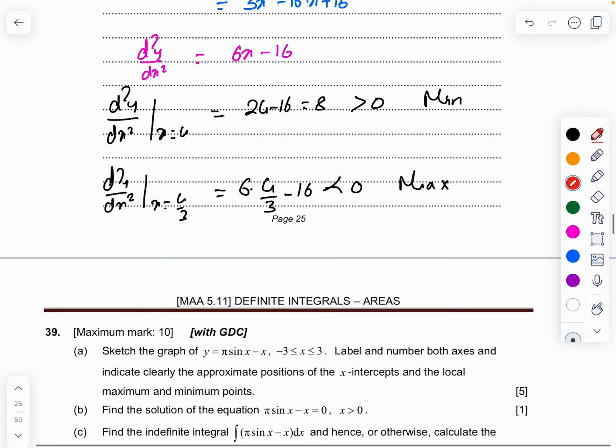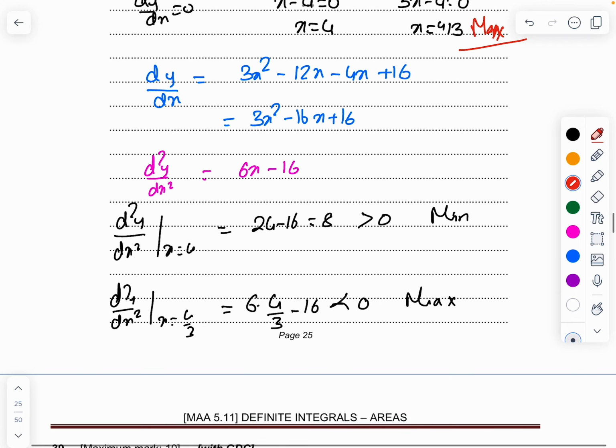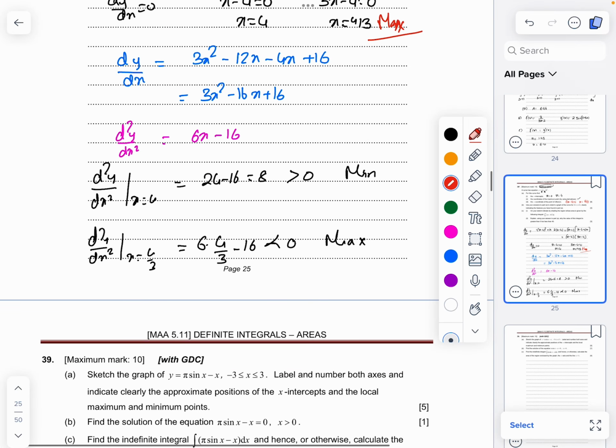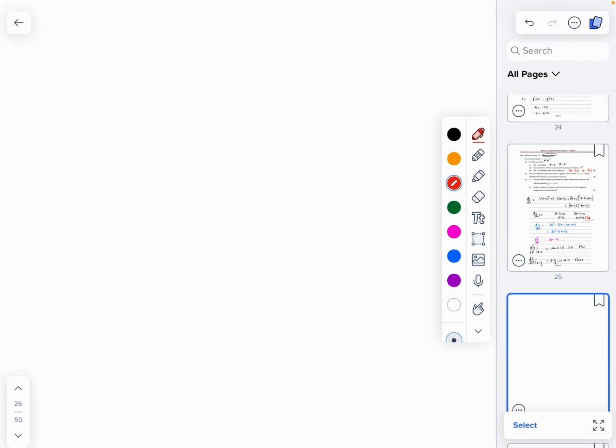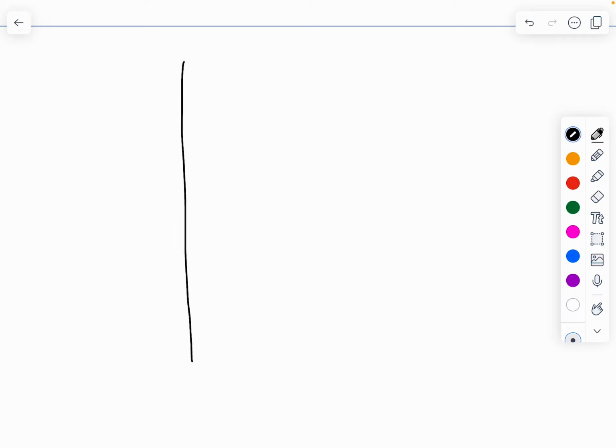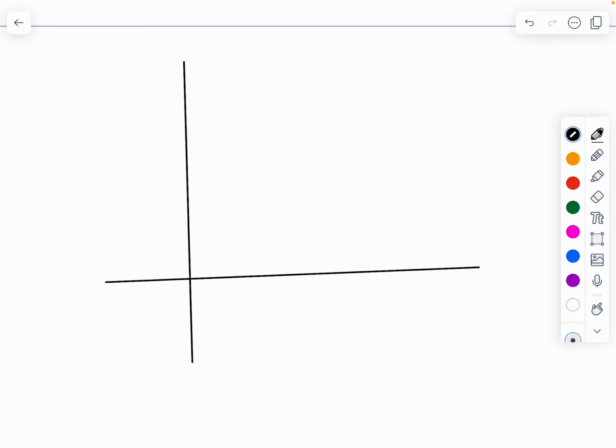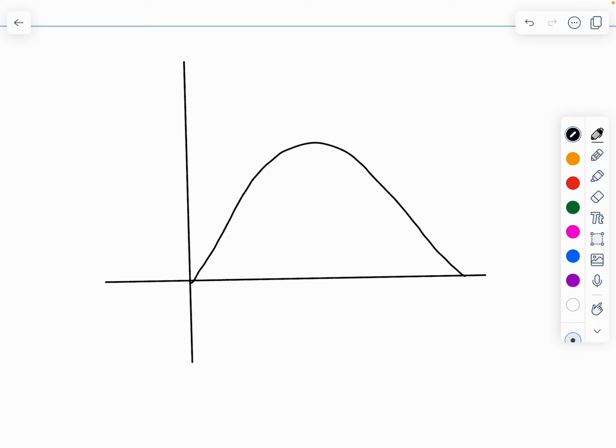So we have to draw the graph for this. We've got 0, 4, and the maximum point and point of inflection.